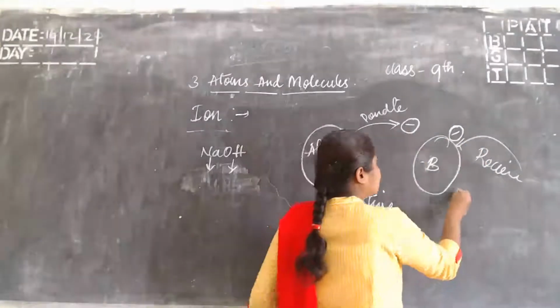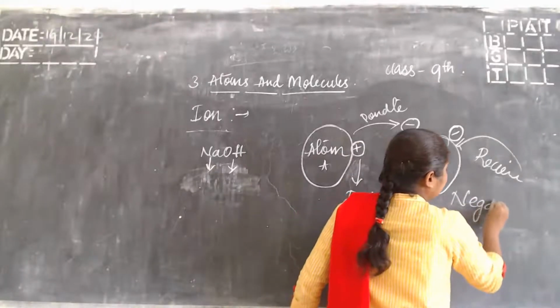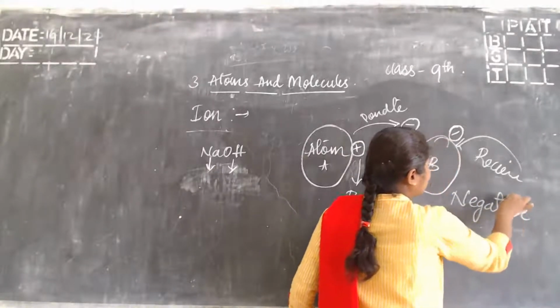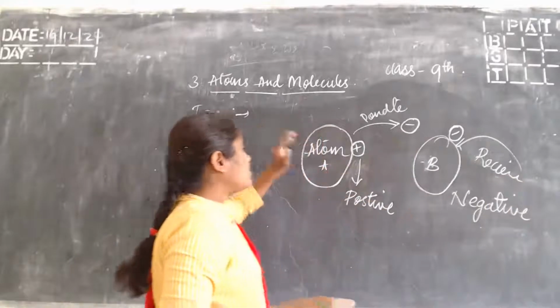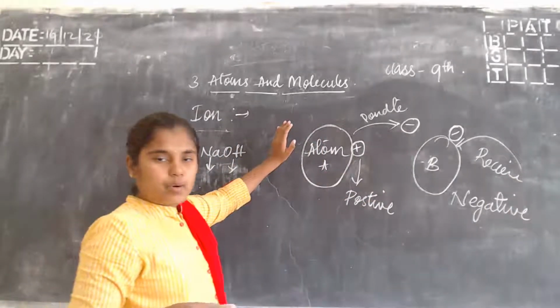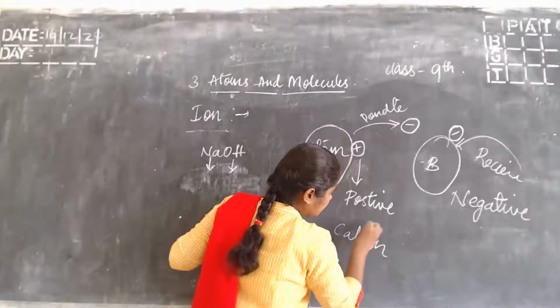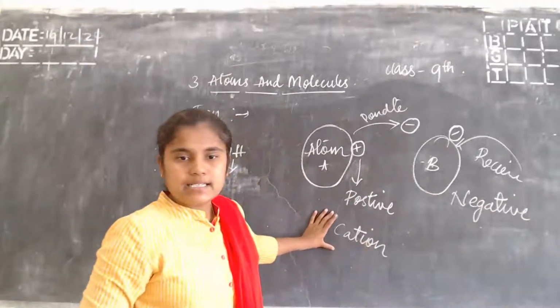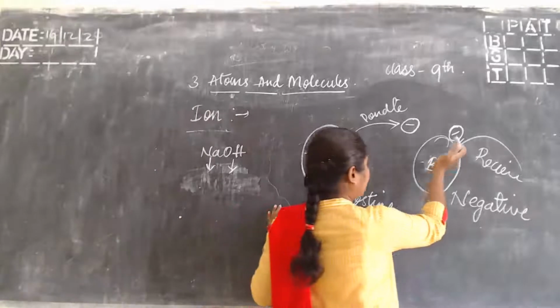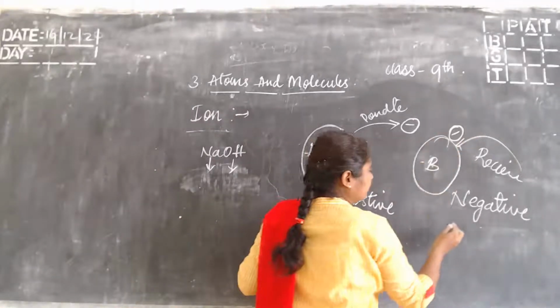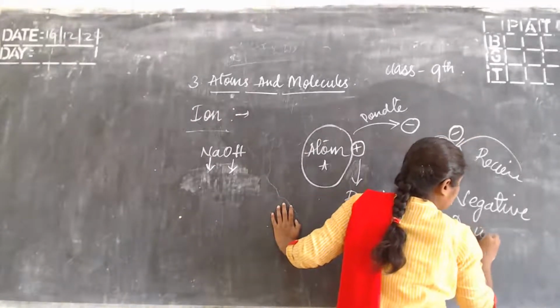So if an atom has a positive charge, then we say that it is a cation. If an atom has a negative charge, then we say that it is an anion.